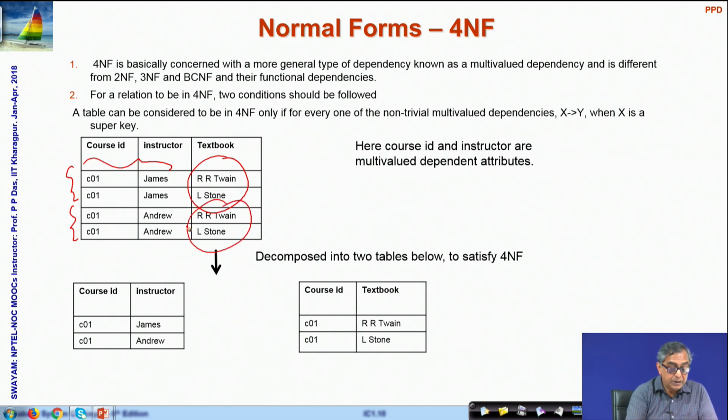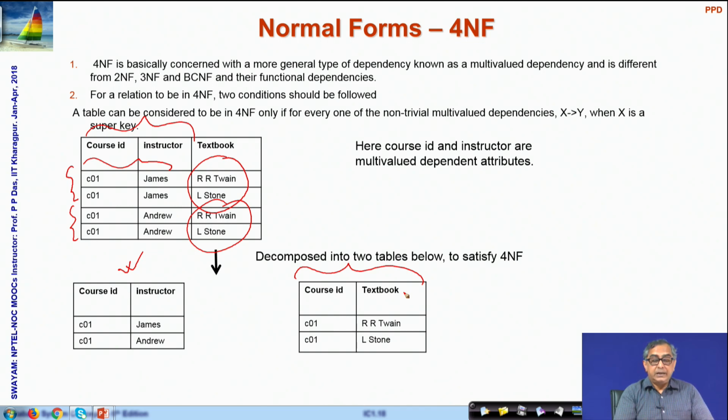Same thing happens here as well. Now, naturally, this is where your basic information is getting fragmented. So, you could normalize this in the fourth normal form by taking care of this multi-valued dependency by putting these two together here and putting the course ID and the textbook together, and with this decomposition it will satisfy the fourth normal form.